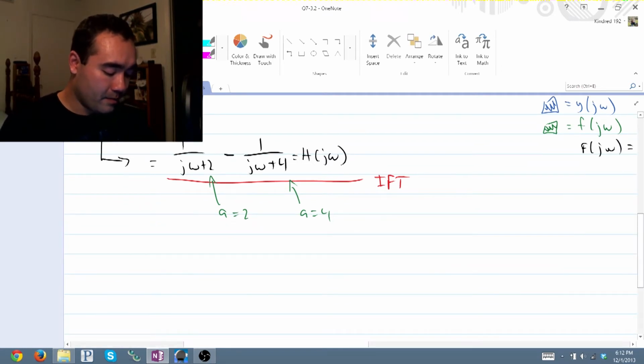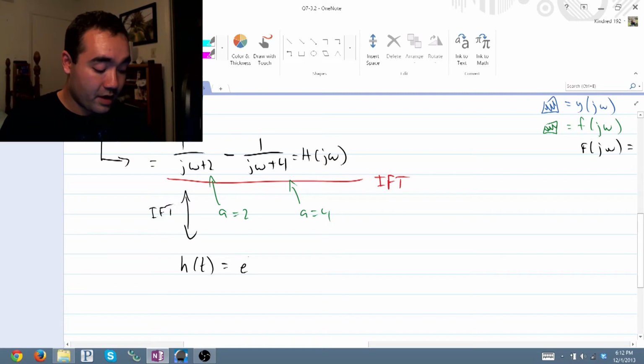So we know that if we do an inverse Fourier transformation, h of t is equal to e to the negative a t. That ends up being e to the negative 2t times the unit step function minus e to the negative 4t times the unit step function.